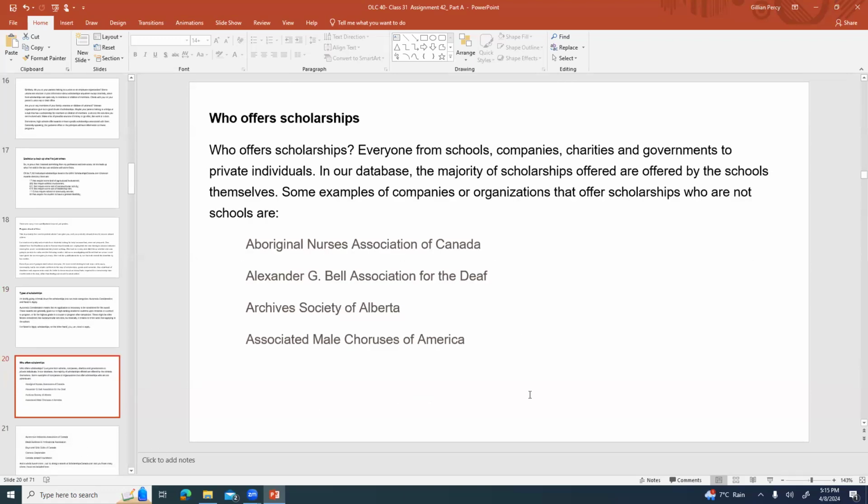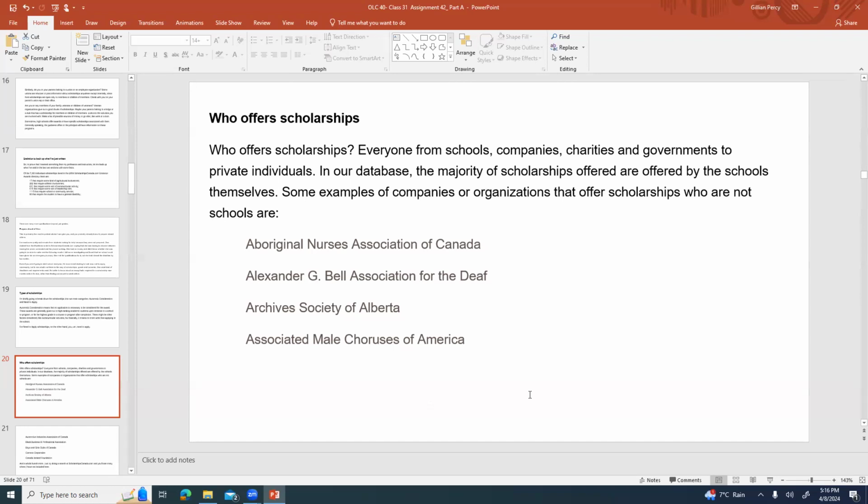Who offers scholarships? Everyone from schools, companies, charities, and governments to private individuals. In our database, the majority of scholarships offered are offered by the schools themselves.